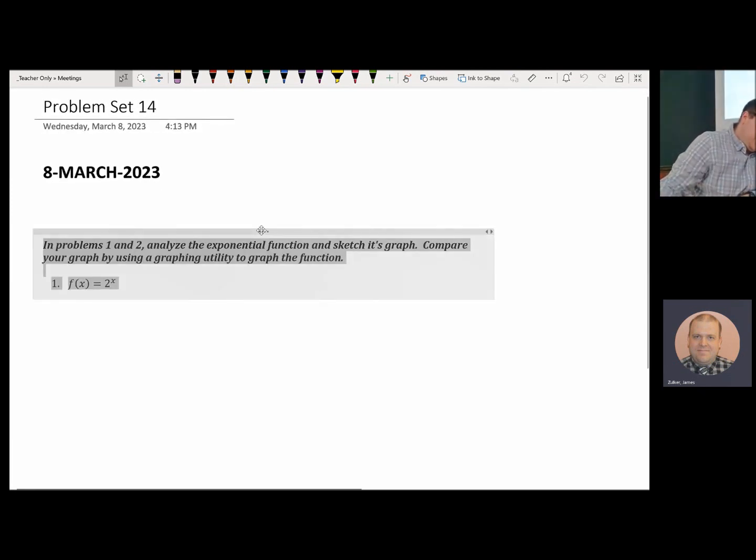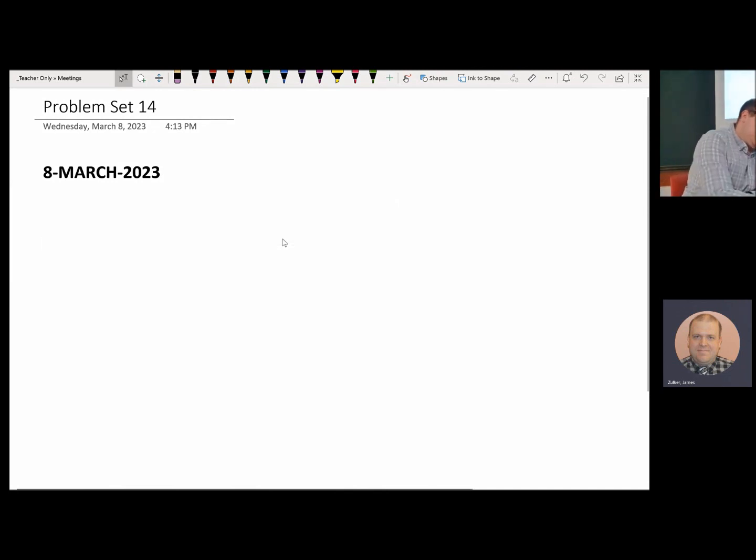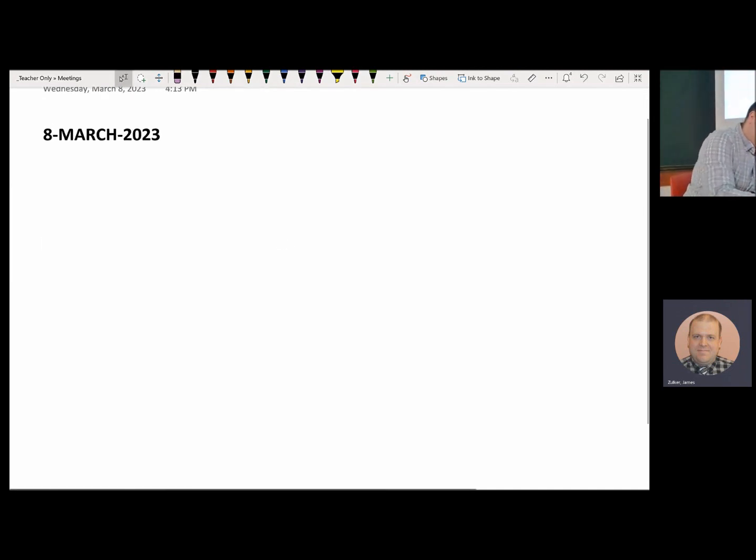Let b be a positive real number such that b is not equal to 1.